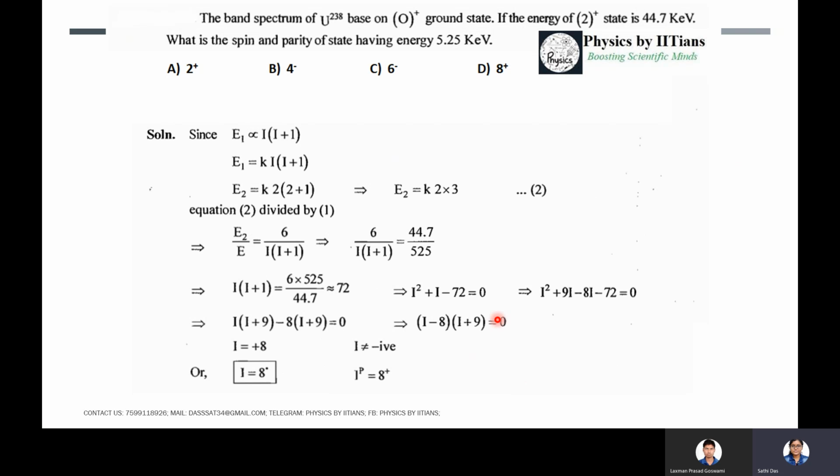That's all. Another question is from the collective model. The question is: the band spectrum of uranium-238 based on ground state, that is 0 plus.